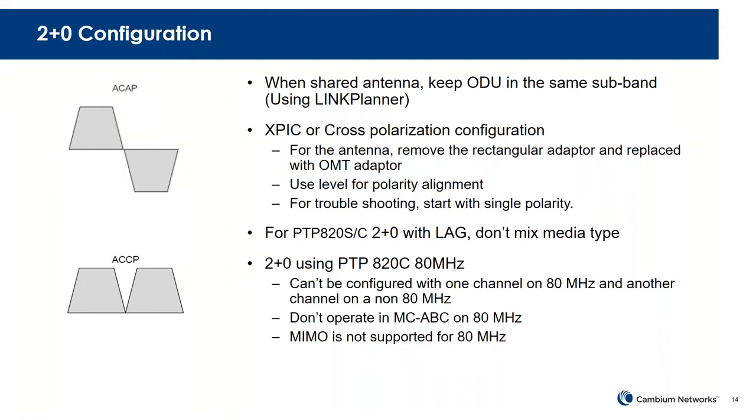But there's an easier way, which is to use a level, a carpenter's level, with a bubble. You put the level on the OMT, on the flat surface of the OMT, and then you rotate the antenna.